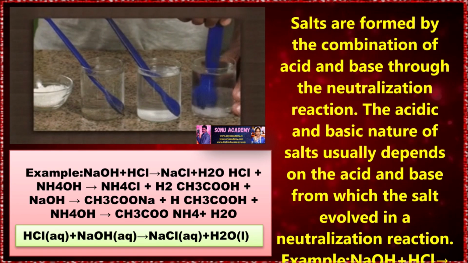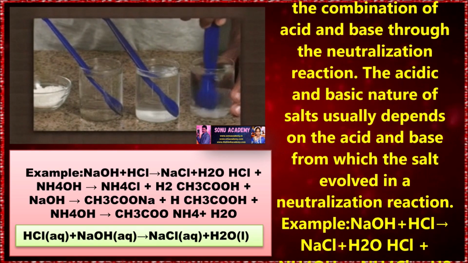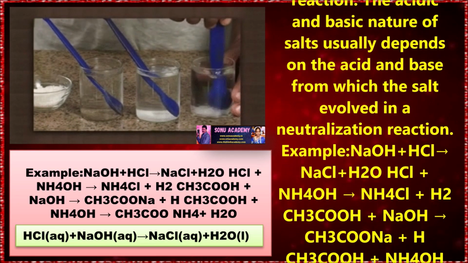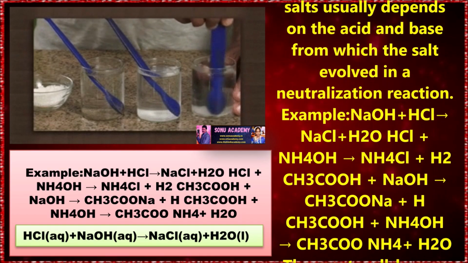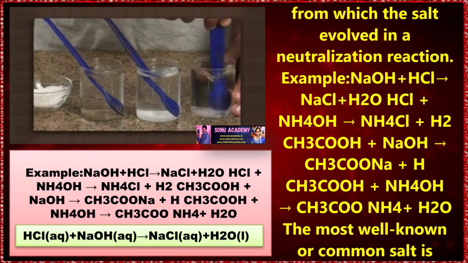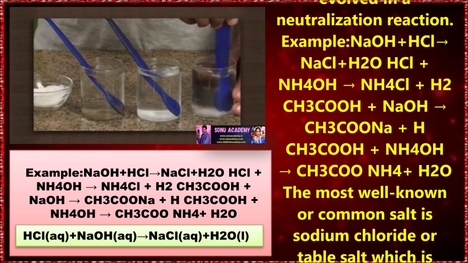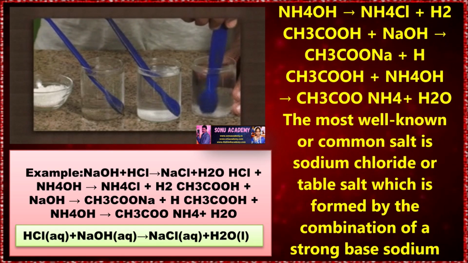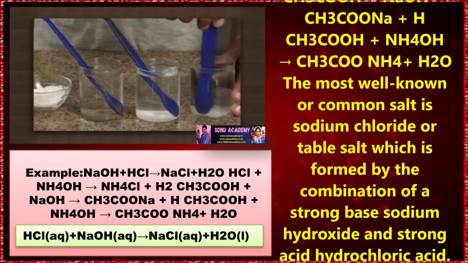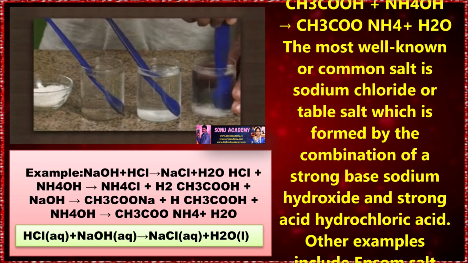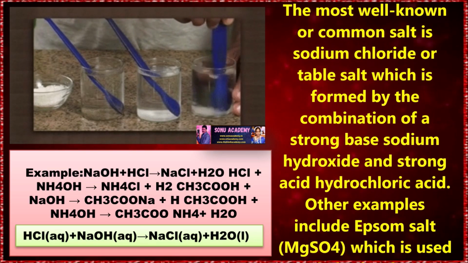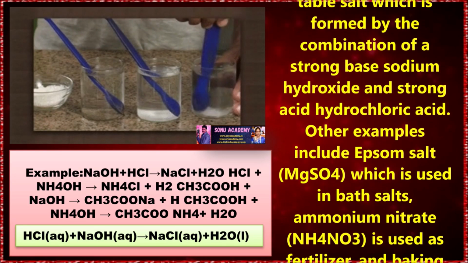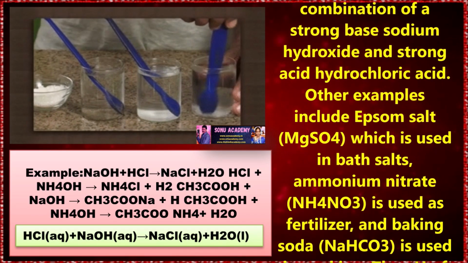For example, NaOH plus HCl gives NaCl plus H2O, and HCl plus NH4OH gives NH4Cl plus H2O. CH3COOH plus NaOH gives CH3COONa plus H2O, and CH3COOH plus NH4OH gives CH3COONH4 plus H2O.